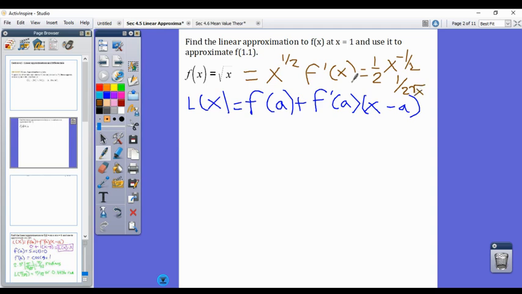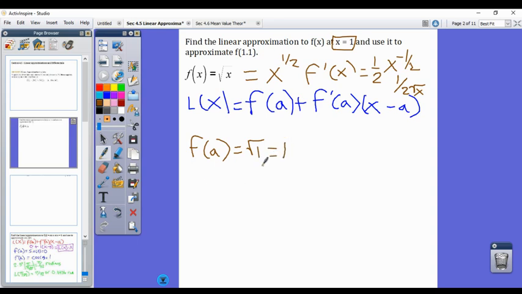And the other thing I need to know is the value of a when plugged into my original function. In this case, our a is when x is 1. So when x is 1, the square root of 1 is just going to be 1.